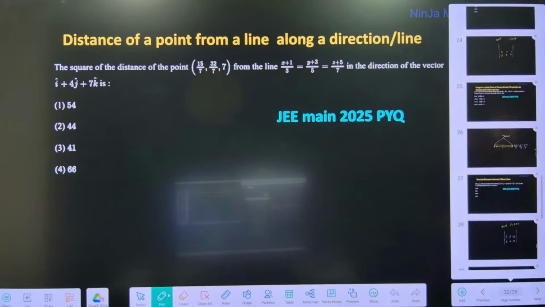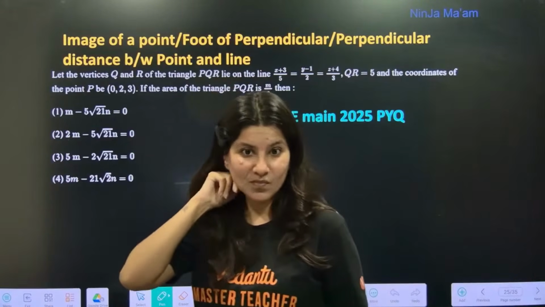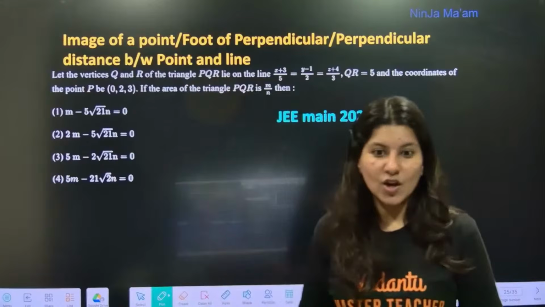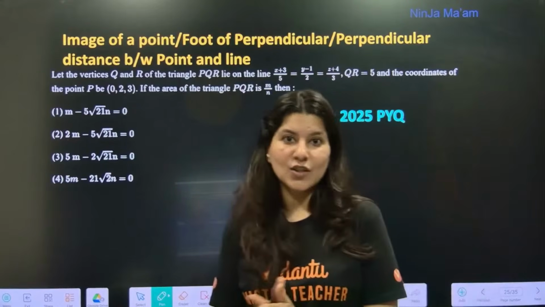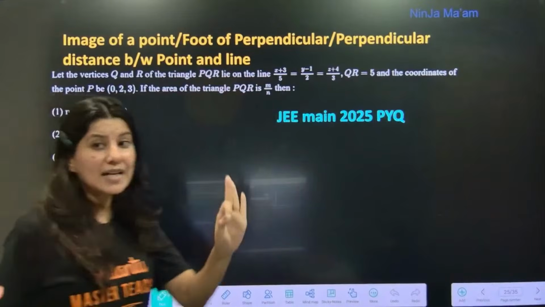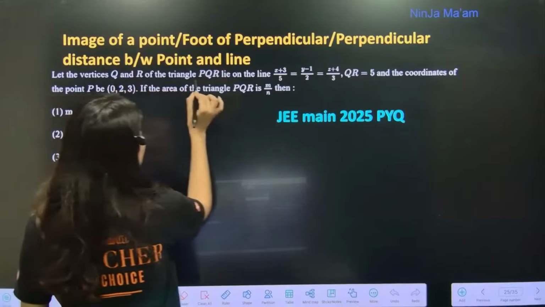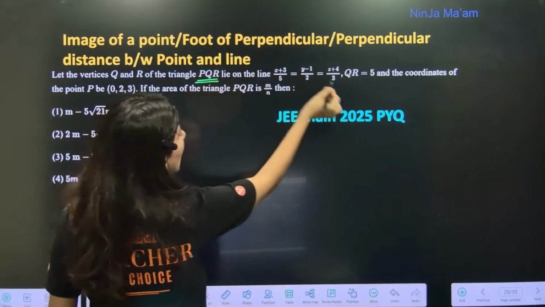Okay. Now, one more question based on image, or foot of perpendicular, or anything. This particular thing is slightly different, but again same. You will be able to understand if you are able to plot the diagram. Let the vertices Q and R of triangle PQR lie on this line.